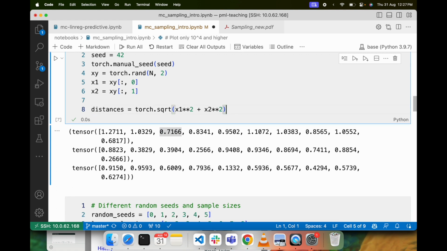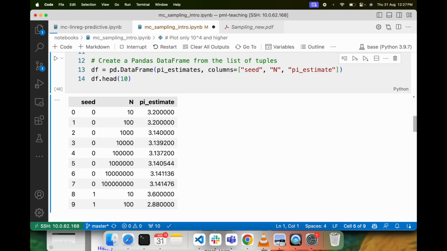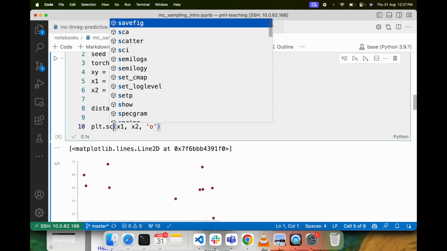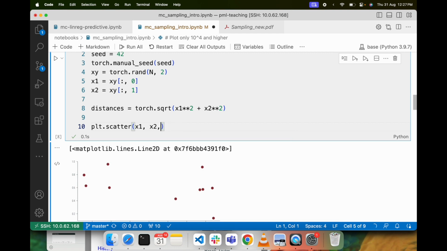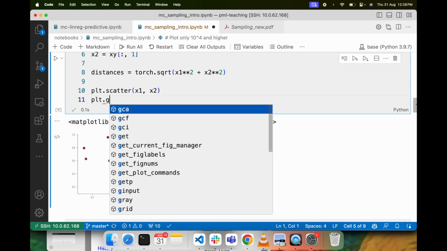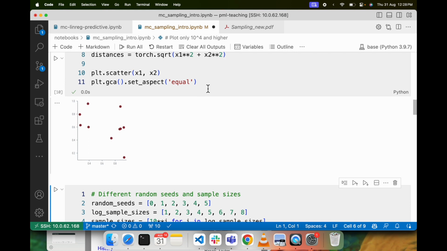So we could also do plt.plot. So we could first just plot, we should not, okay, what we have done is we could have just done a scatter. These are all your set of points, right? And we want to be then able to just color these points differently based on whether the distance is within or outside.